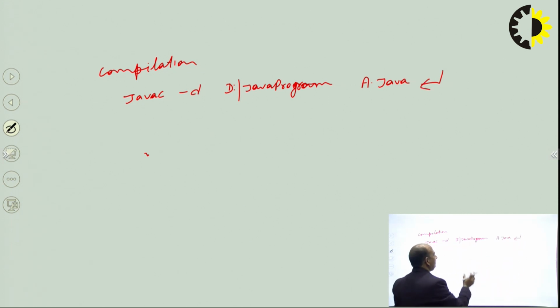Now the compiler will create a package named p1 that I have mentioned in my source code at this place.